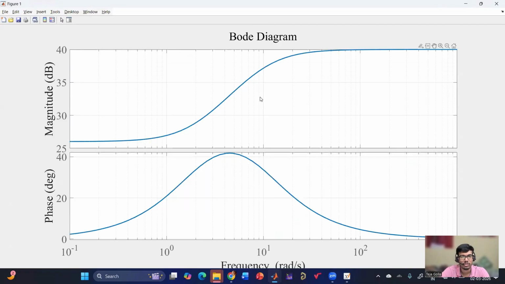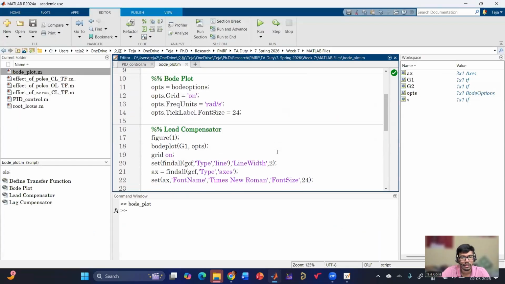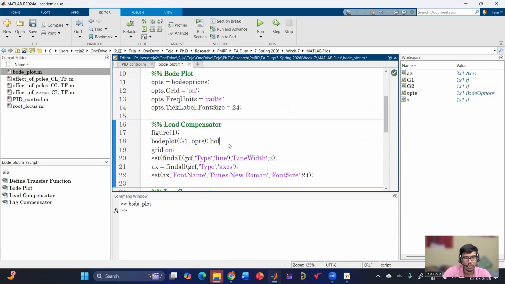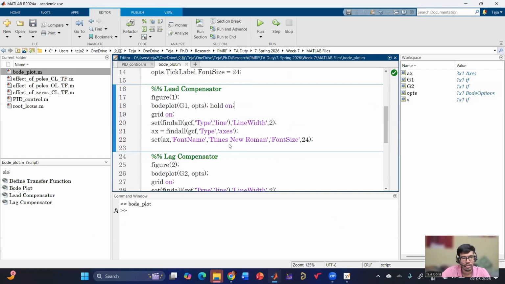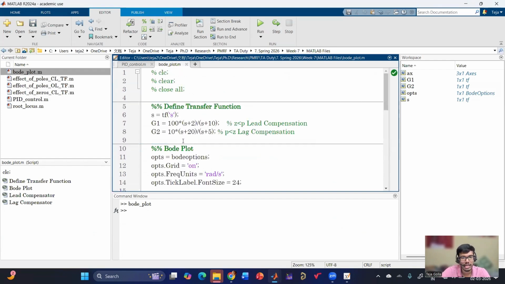Oh, I can't use two different colors. I think hold on is missing. Just a minute. Hold on. Here also use hold on. Okay. So initially I have started with a lesser gain 50 and then here I have started with 1.